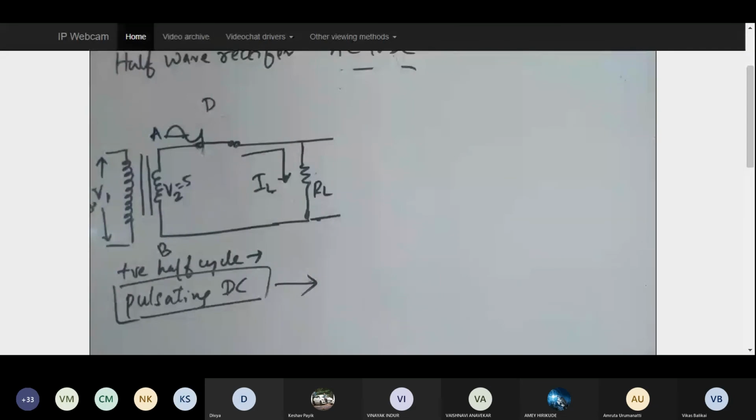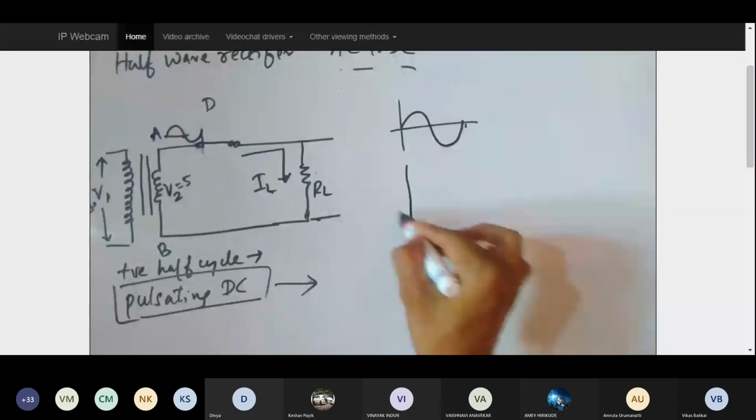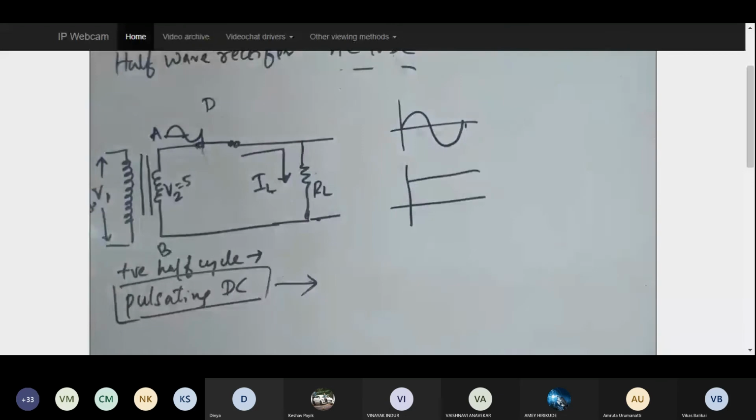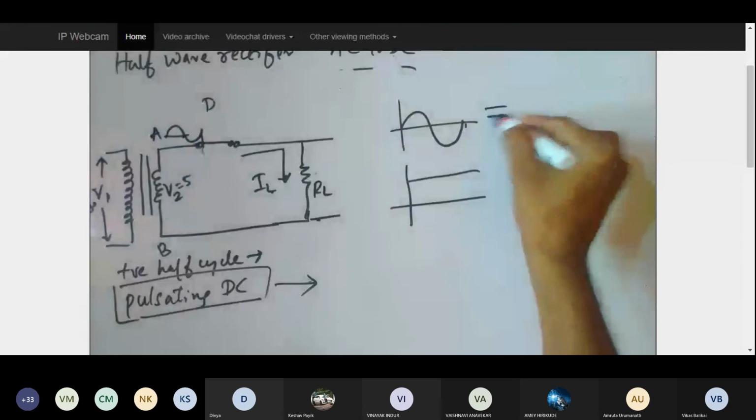So what I was telling is, when I say that I am going to obtain AC to DC, I should ensure that this AC signal whatever I am getting, I should be able to get the constant DC. But right now I am not able to get a constant DC. What I am getting is something like this.